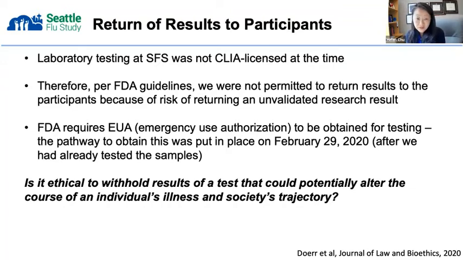So the way that we approached it was to really ask ourselves the question: was it ethical to withhold results of a test that could potentially alter the course of an individual's illness and society's trajectory, given all of these caveats, that the testing was done on the sample without informed consent because it was a hospital sample? We have a research result.